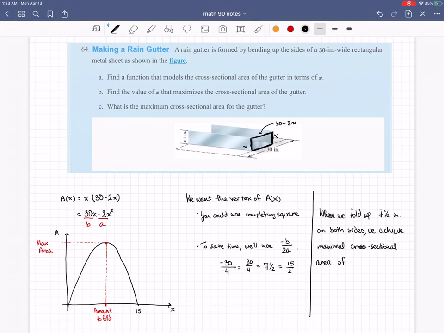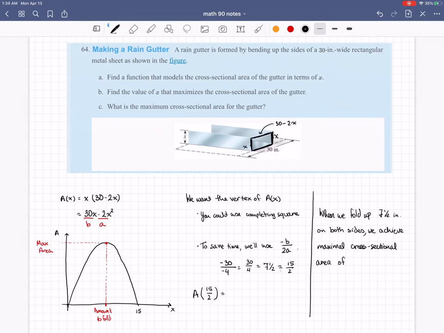Now let's find the maximal cross-sectional area. Remember, the area is 30x minus 2x squared. So to find the area at 7.5, we're just going to plug it in to A of x.